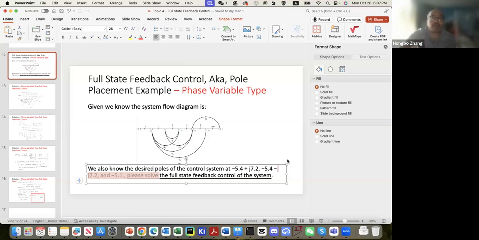Given 3 desired poles, solve the desired characteristic equation. Given this diagram here, you can solve the determinant of sI minus A minus BK, which gives you the feedback system characteristic equation.